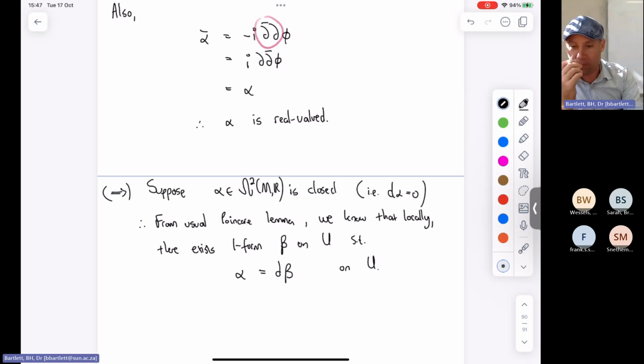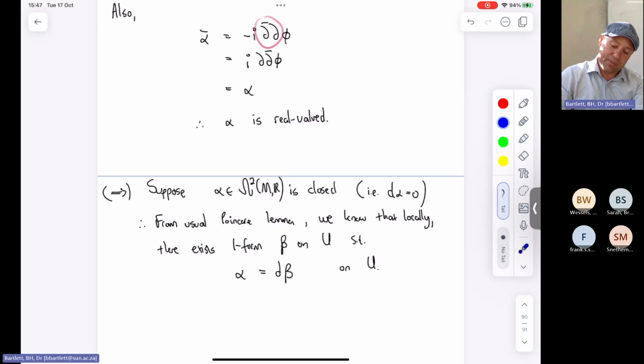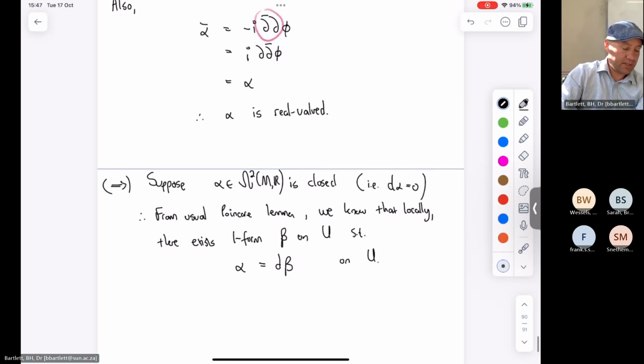Now I think, hold on, I've got a complex manifold structure, so I can decompose that d as del plus del bar, right?